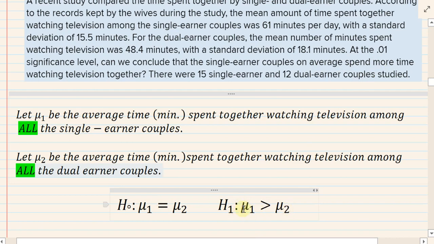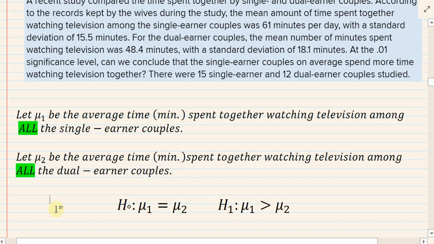Mu1, remember, is the average time spent by single earners, and it exceeds that of the dual earners. The null, we always take it to be equal, always. So the null says there's no difference between them. That single or dual earner status has nothing to do with it. Okay, and so that's what the null hypothesis is.